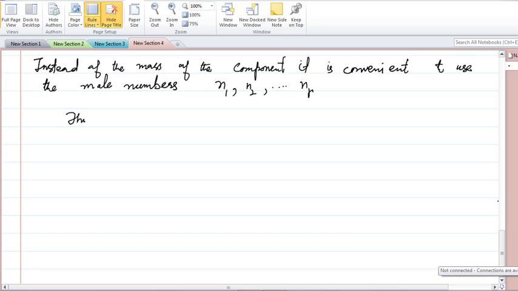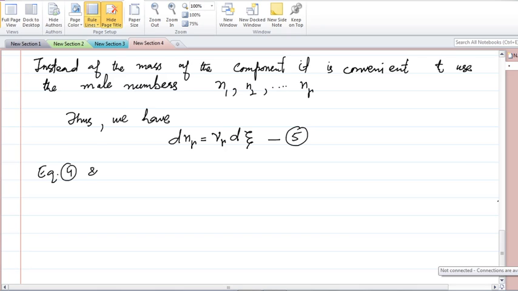So we can write the equation 1 as, basically we are dividing mass upon molecular mass, that will be the change in number of moles. dn gamma will be equal to simply the coefficient mu gamma multiplied by the extent of reaction d zeta. So this is equation number suppose 5.